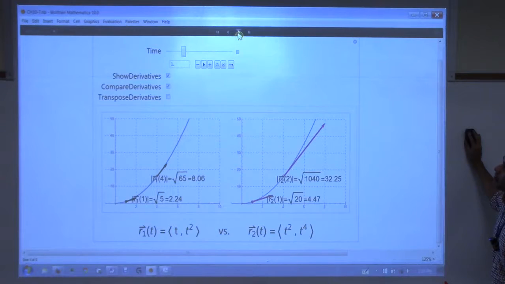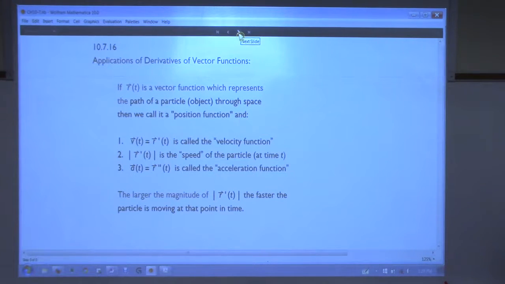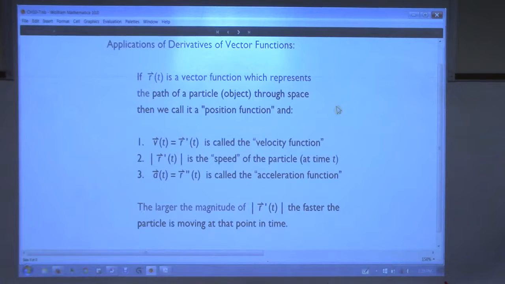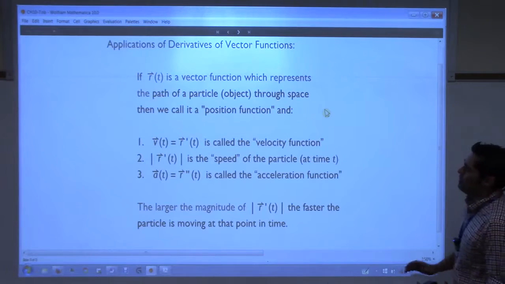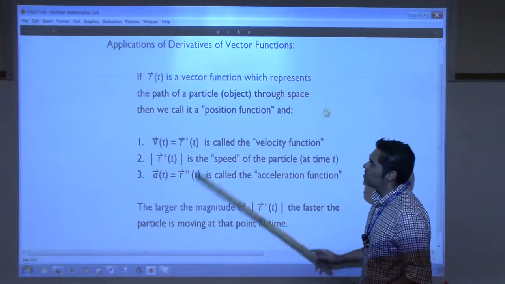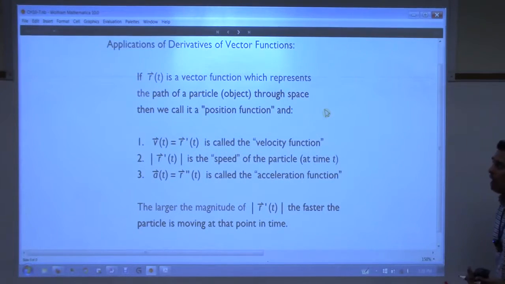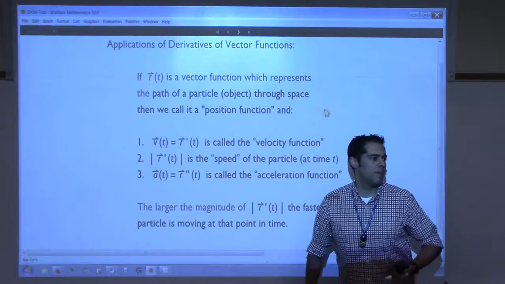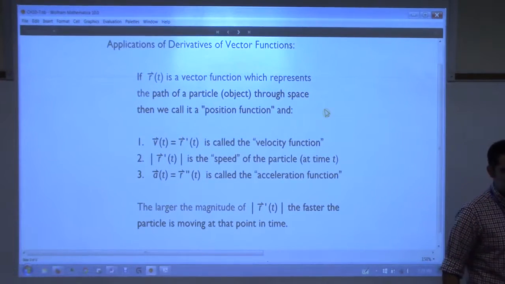Yeah? Okay. All right, so this is the summary of it. If r of t is a vector function which represents the path of a particle or object through space, and what we mean by that is not stars and moon, space meaning 2-dimensional space or 3-dimensional space or 4-dimensional space.